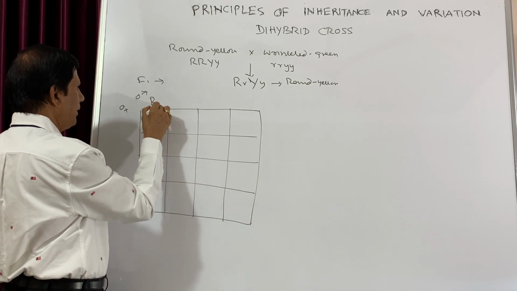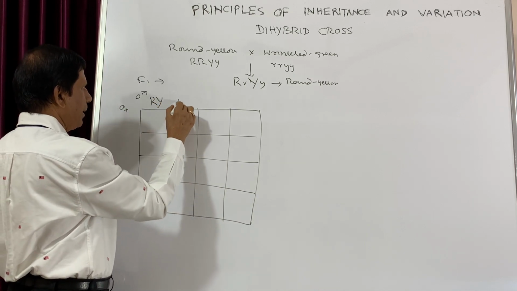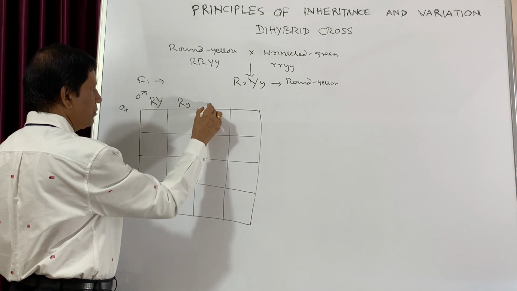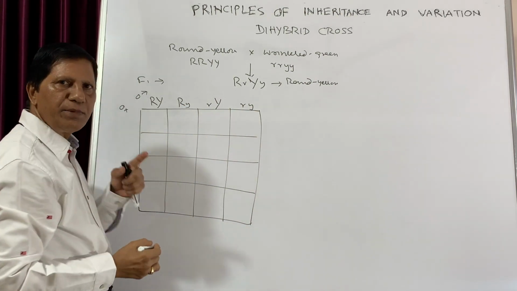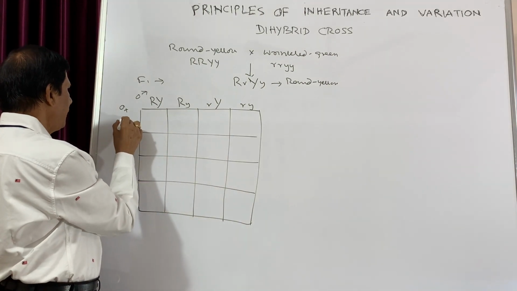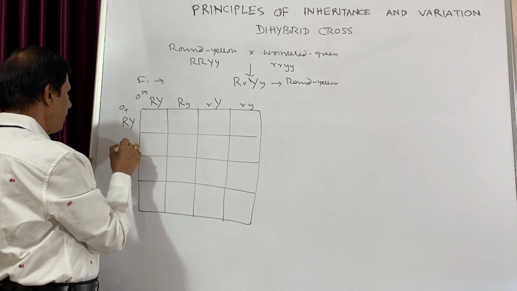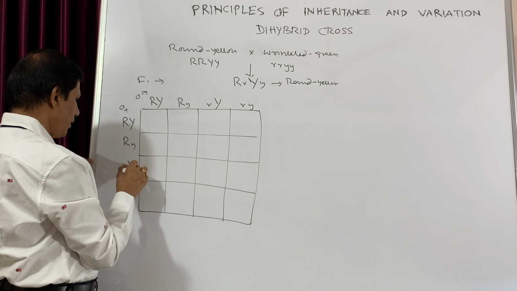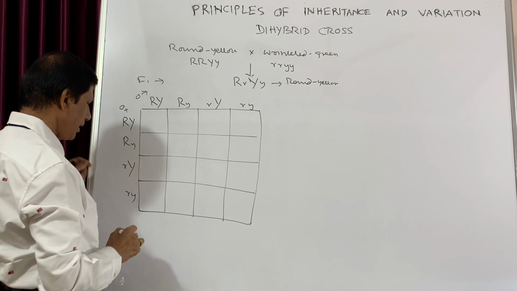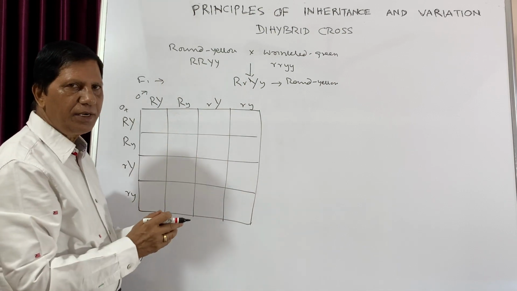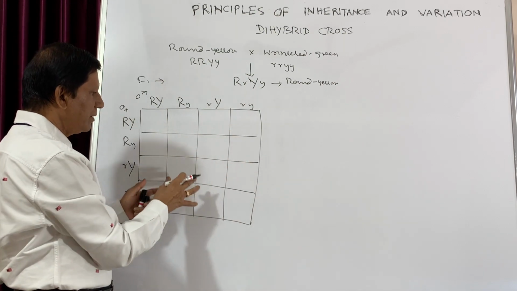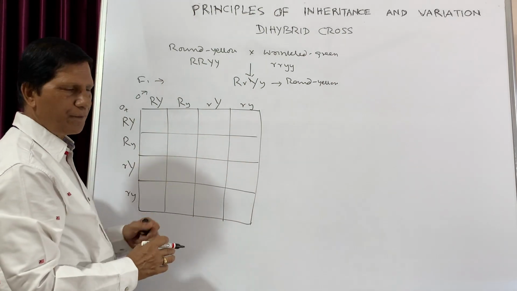So this will be capital R, capital Y, capital R, small y, small r, capital Y, small r, small y. Similarly on this side it will be capital R, capital Y, capital R, small y, small r, capital Y, small r and small y. Now the possibility is that 16 types of plants will be produced here.